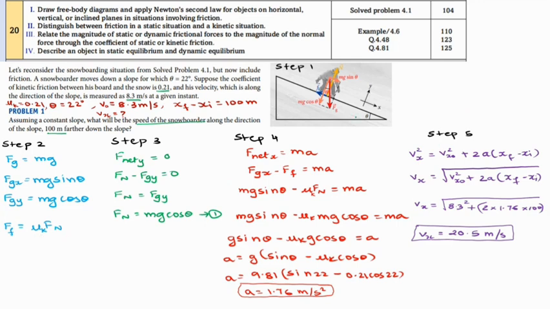And since we are considering friction, in step 3, we will write the equation of force along the y-axis. Whenever you have friction, first start with the y-axis, because when we go to the x-axis, we need the normal force, and the normal force you will get by considering equations of forces along the y-axis. Since the object is not moving along the y-axis, acceleration along y is 0, so net force will also be 0.